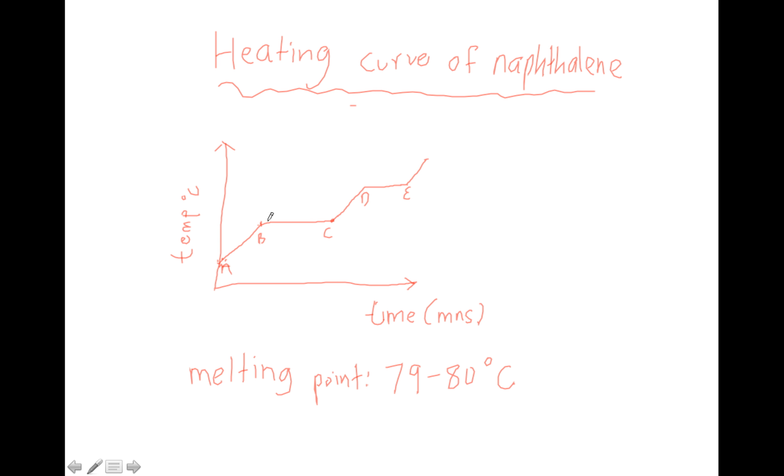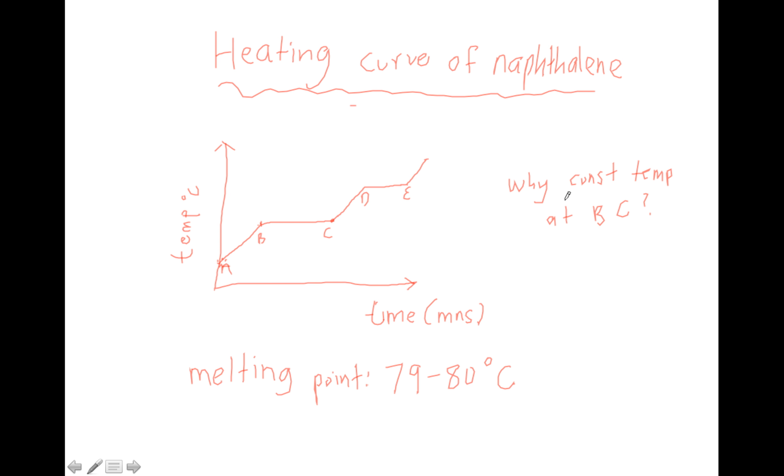What's the transition from B to C? The naphthalene is continuously being heated, and now this is the key word, guys. They like to ask, why is the temperature constant at BC?